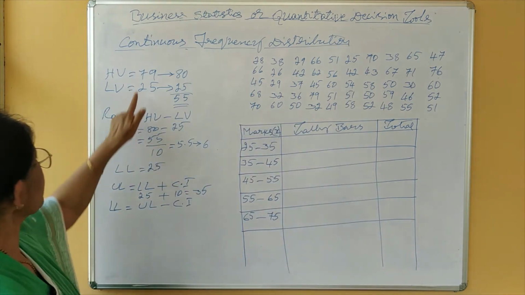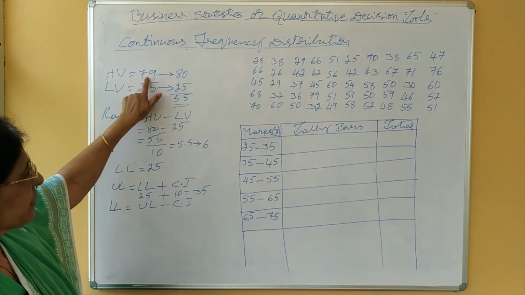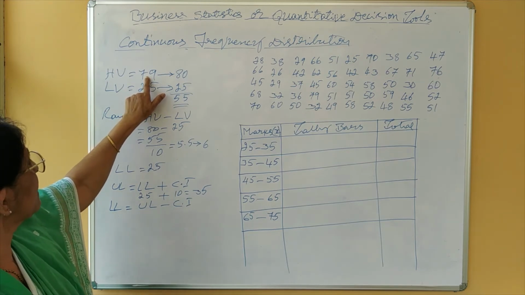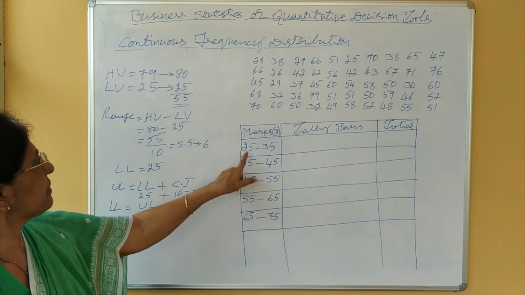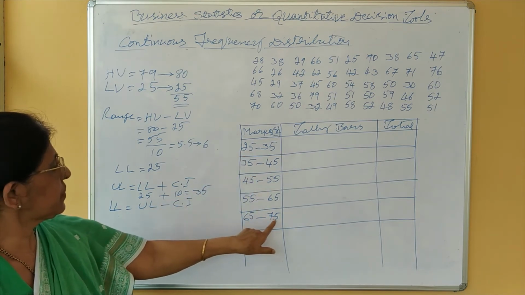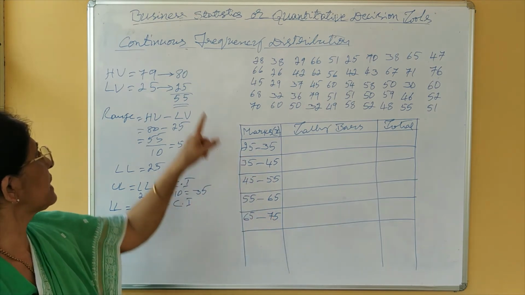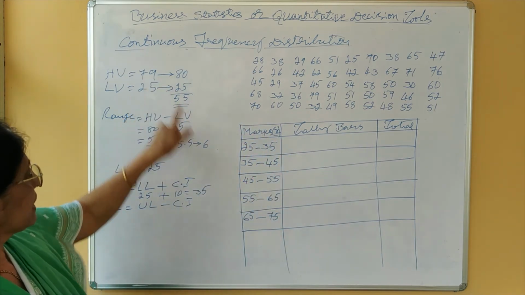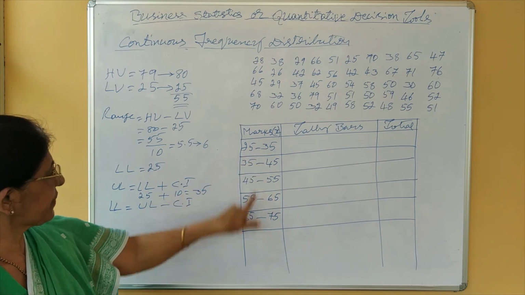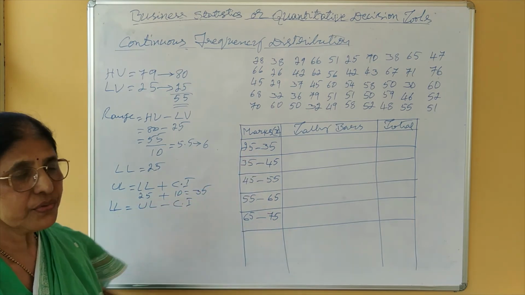Here, the highest value is 79. Now, we cannot stop at 75. If it was 60 to 70, then 70 to 80, then we could get exactly 80. But here we have started from 25. Therefore, it is 65 to 75.